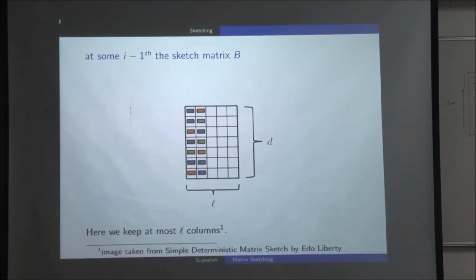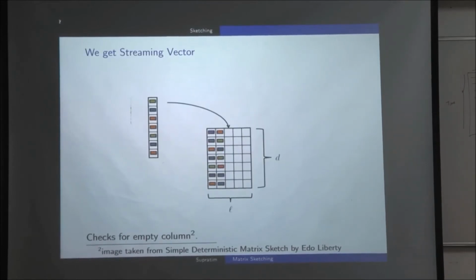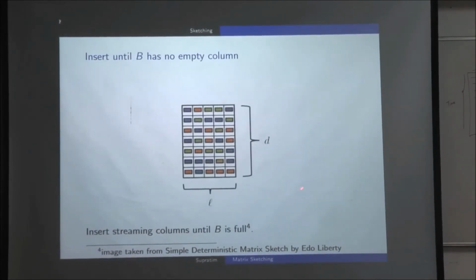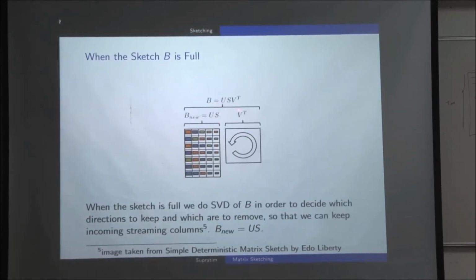So at some I minus 1th time, let's say the sketch matrix looks like this. When we get a new column in our streaming matrix, we simply add it to an empty column, and we keep on doing it until the sketch matrix is full. Whenever it is full, we find the SVD of it, and we only retain these orthogonal columns and the singular values. Here you can see that the orthogonal vectors are in decreasing magnitude order.